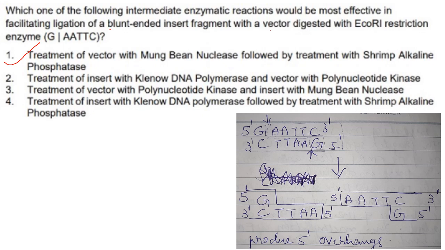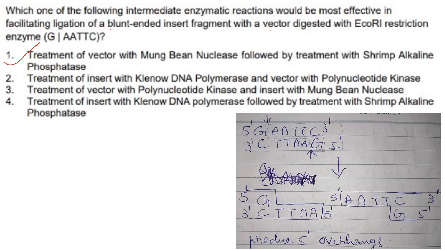Now next one. Which one of the following intermediate enzymatic reactions would be most effective in facilitating ligation of a blunt-ended insert fragment with a vector digested with EcoR1 restriction enzyme? So this is the restriction site at which EcoR1 digests its sequence, GAATTC.